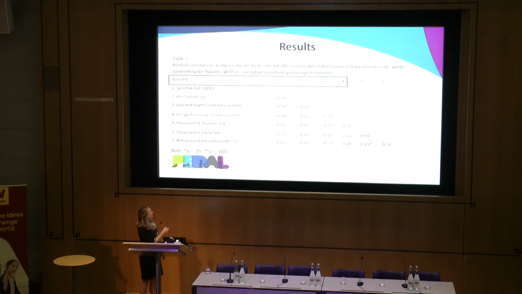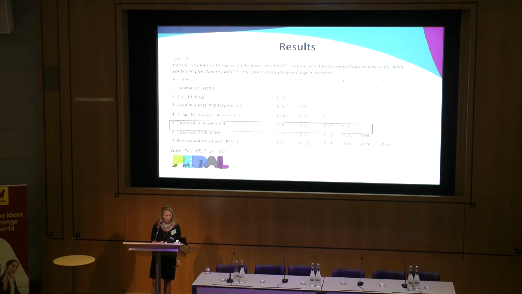So we're just going to look at this box of tasks, and we see that there are some significant correlations between the design fluency task, the day-night task, and the spin the pots, and the other executive function tasks are not significantly correlated, and because of that we didn't build a composite score.